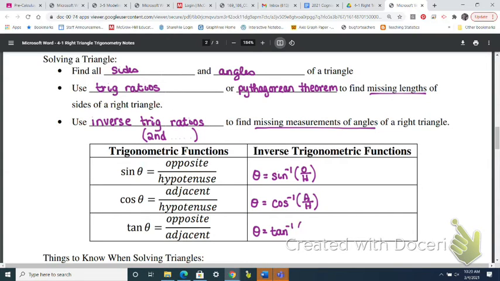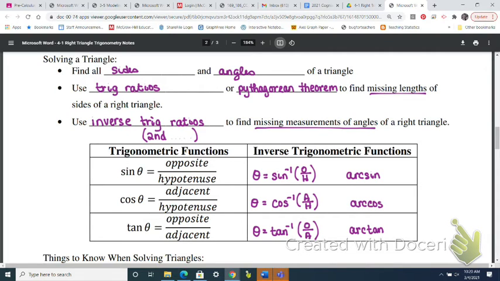These aren't reciprocals, these are inverses. So please don't get these confused with your reciprocal identities. And sometimes these will be called arc sine, arc cosine, and arctan.